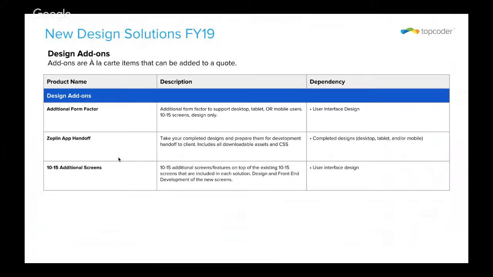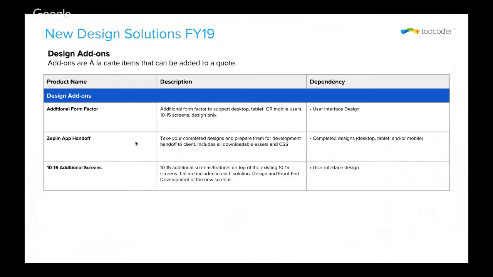A Zeppelin app handoff. So we've used this historically to hand off UI designs to development. And we've worked this in at the end of a challenge. Mainly this has been a Copilot producing these handoff assets.